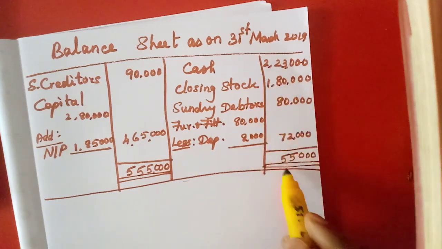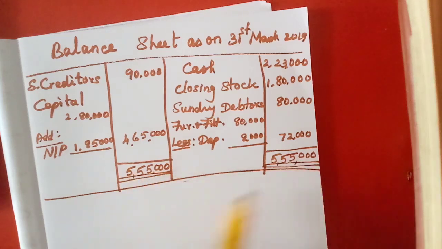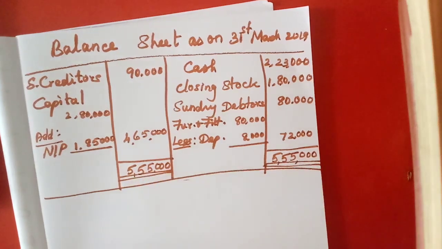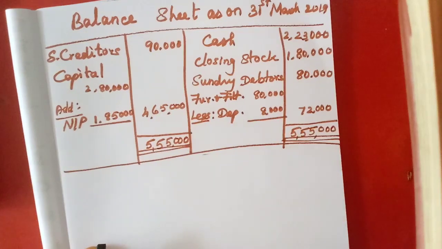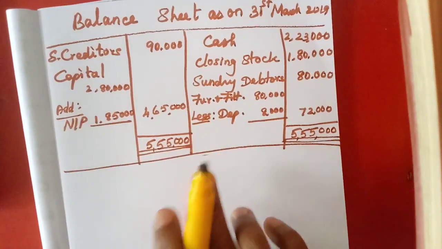Balance 2, 4 plus 1, 5. So 5,55,000. We got the same answer, so our calculation is correct. So we have completed only one problem.